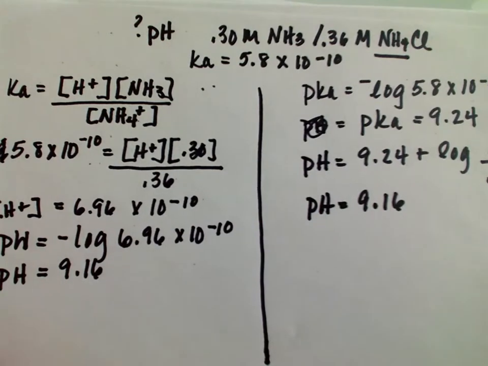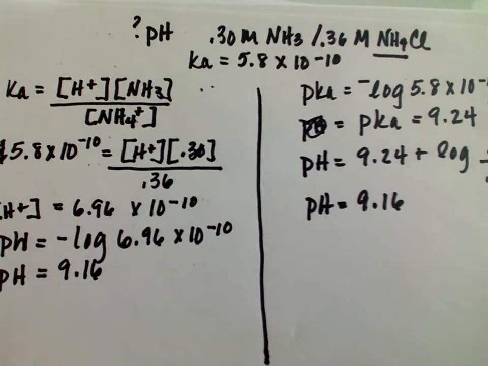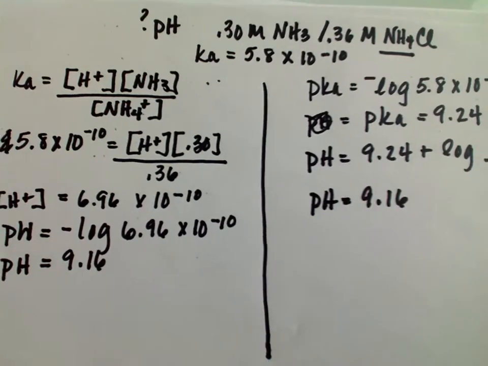Okay, so the important aspect then of a buffer is to neutralize small amounts of acid or base that are added to that buffer solution. So in the second part of this problem, we're going to look at what happens to the pH of a buffer when we add a specified amount of sodium hydroxide.